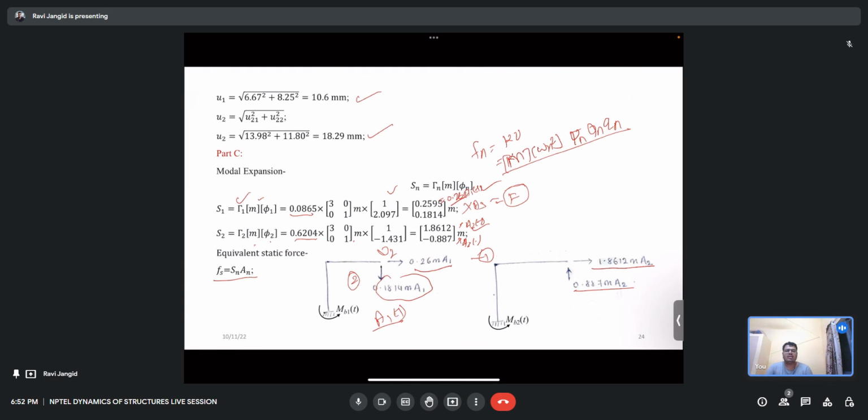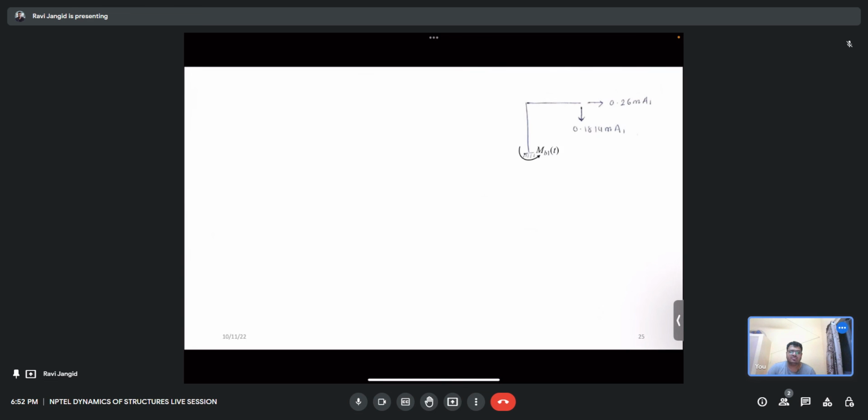So from here you can directly calculate your bending moment. For calculating the bending moment, 3 meter is given to you actually. So for the first one, that is f11, f21, and for the second, f12, f22.